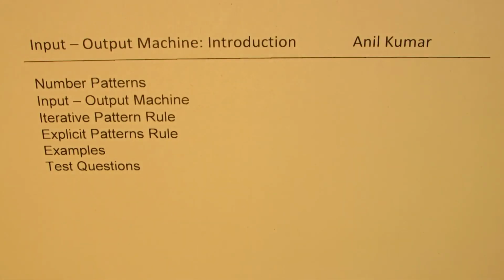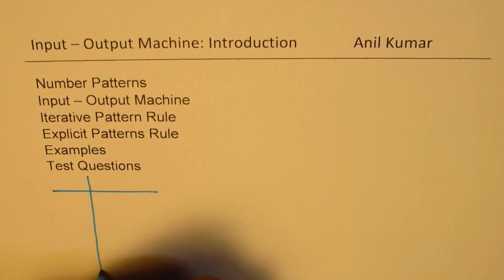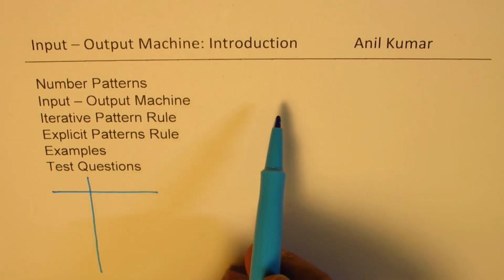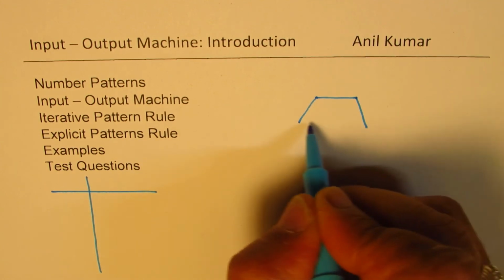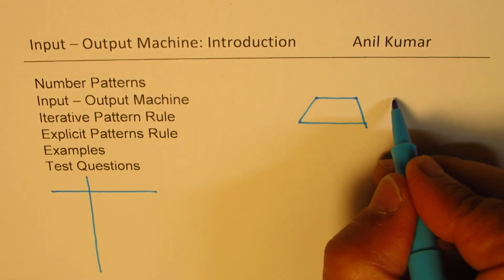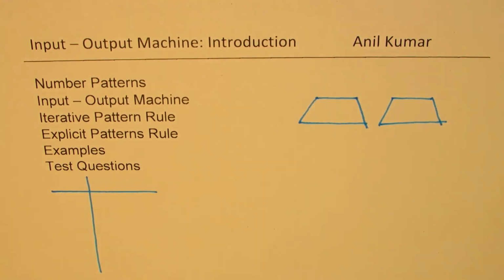So the last example is for you to solve. I'll just provide you with the information here. You write down your rules, and especially I want this input-output machine to be made which can represent this input and output. It will be in 2 parts as I'm showing here, right?